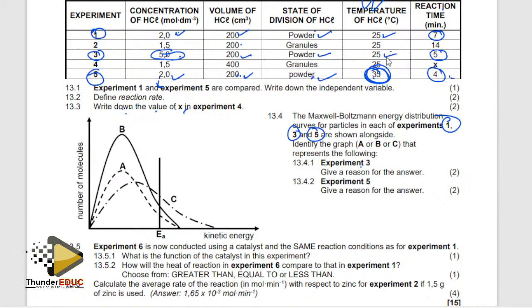Yes, but it has a high concentration. So this shows that it has a high concentration. You understand? It has a high concentration. So this one becomes experiment 3 because of the high concentration here. Is it clear? It has a lot of particles in the reaction, but the number of particles which are reacting to form products is not that many. The reaction is not that fast. You see? So we have got it.